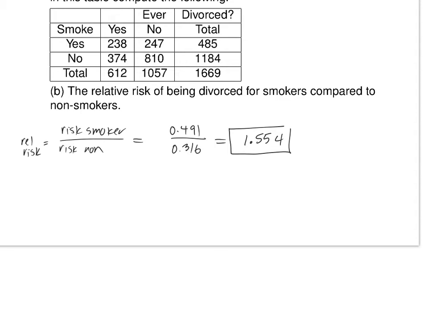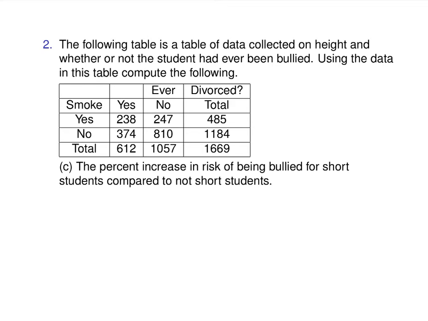This can be in percentages too, right? That one really can't be in percentage. Well, you can, that's what the next thing does. It makes it into a percent, kind of. The percent increase in risk, I'm so sorry. Same thing, risk of smoke compared to not.